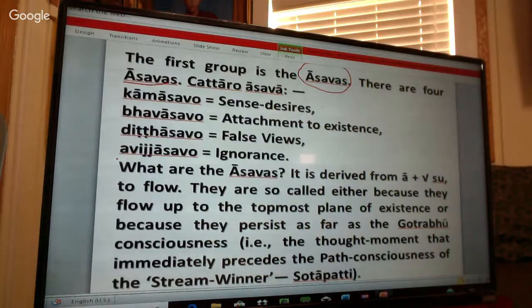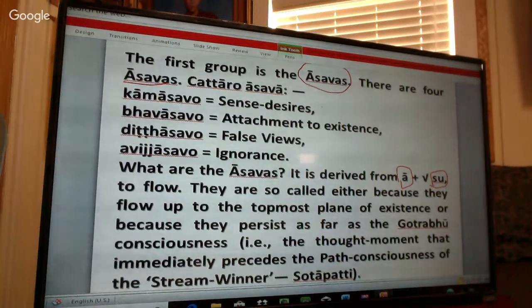Okay, second step. What is the meaning of asava? We need to understand, isn't it? From the origin of the Pali words, asava is a plus su. The Pali grammar is every word like this, there's a basis, fundamental words.